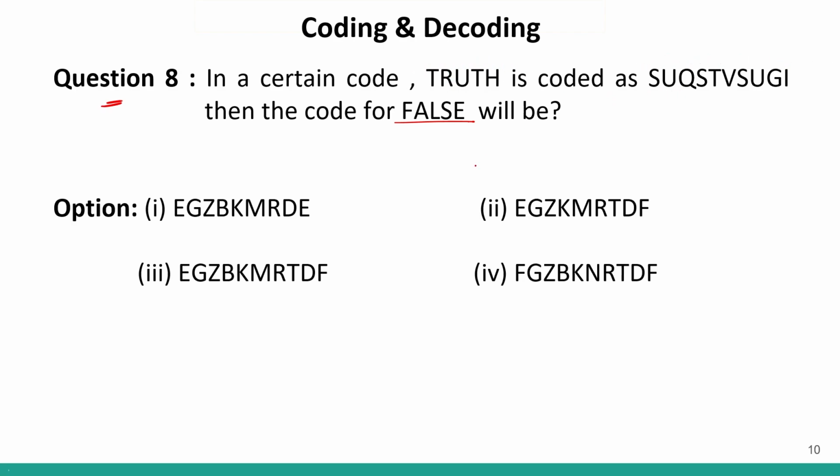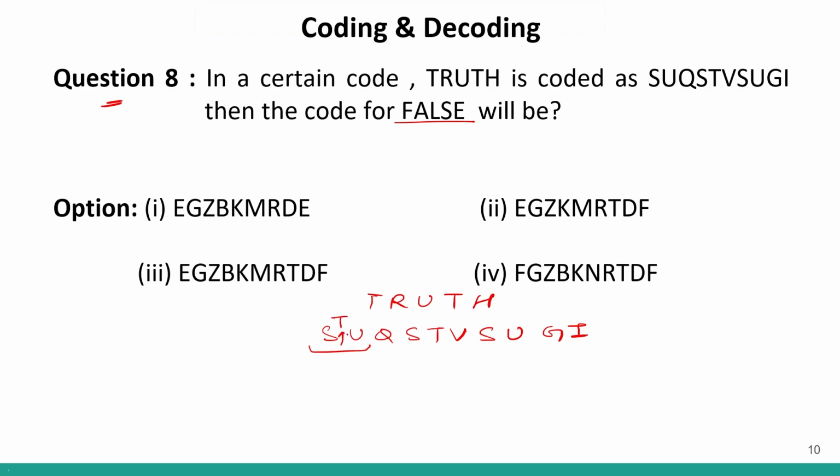So let us see how it is coded. Okay. TRUTH is basically written as SUQSTVSUGI. Correct? So if I look at the first two, S and U, it comes like this.